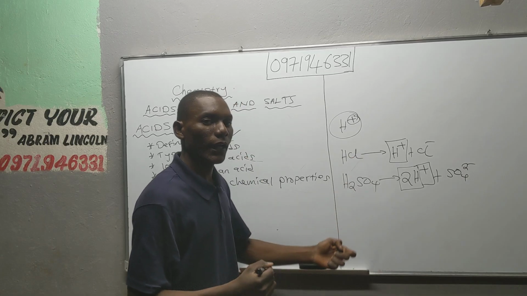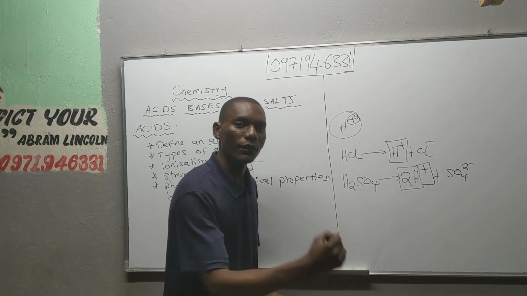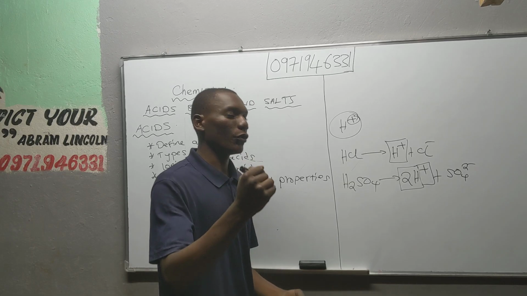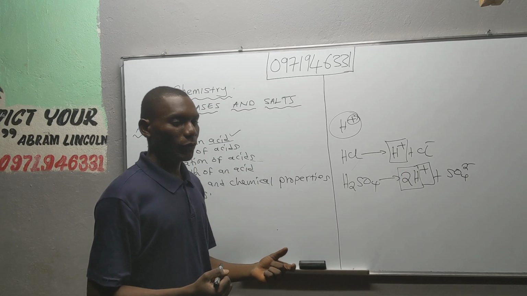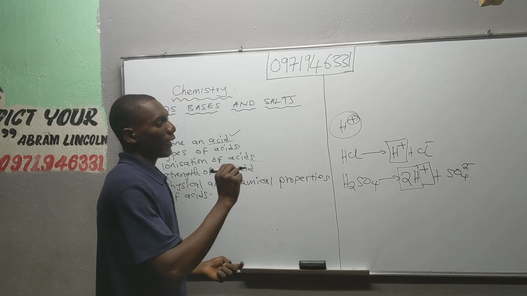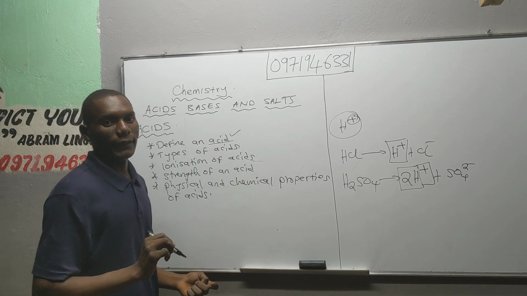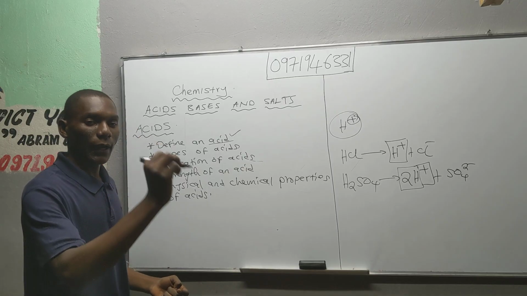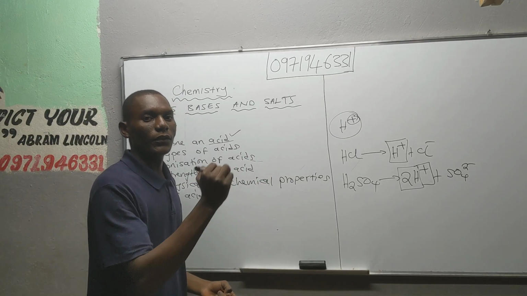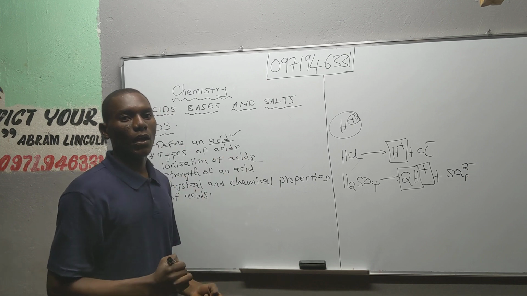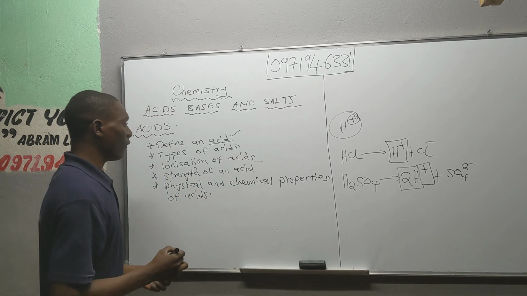So this proves that if you get an acid and dissolve it in water, you are going to produce hydrogen ions. Are we together there? So that's what we mean by an acid. An acid is a substance that produces hydrogen ions when dissolved in water.